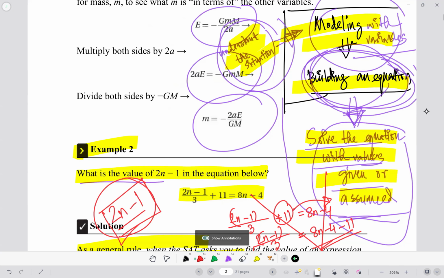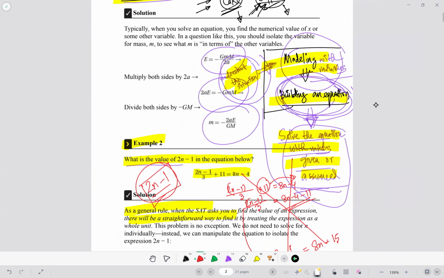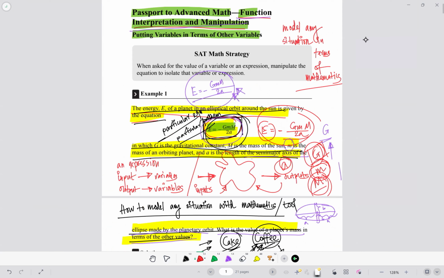Do you remember? What is the main motto for any kind of function interpretation and manipulation chapter?